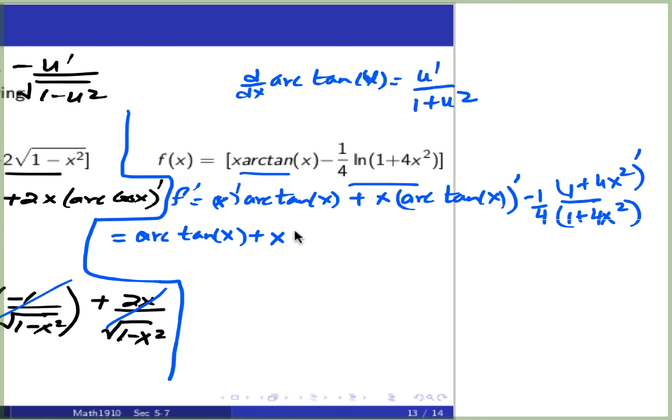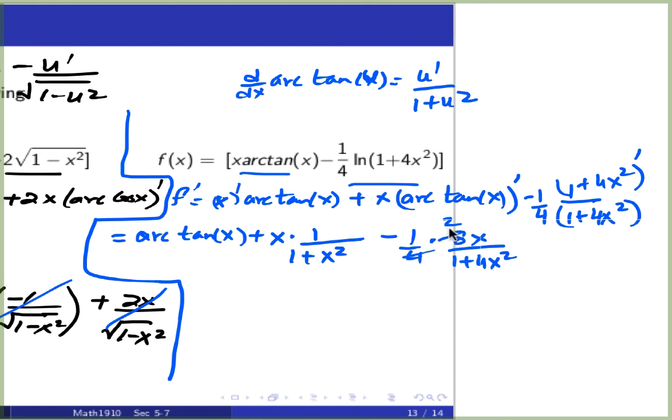So it's going to be times 1, because u is x, over 1 plus x squared, minus 1/4 times the differential of 4x squared, which is 8x, so 8x over 1 plus 4x squared.